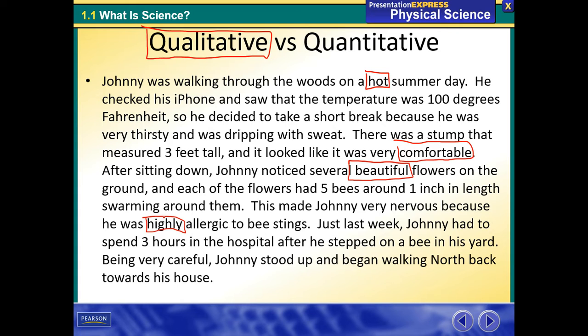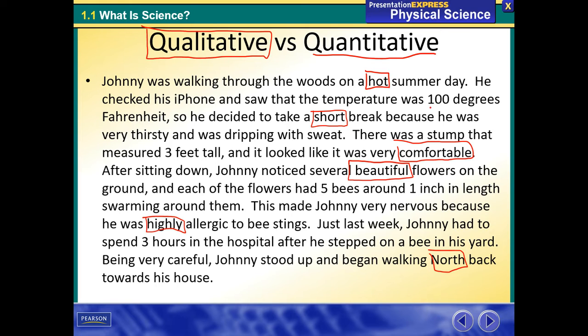So right now I have 4. Let's look for one more. And the one more that really helps is, let's say, walking north. And that kind of gives me a description of a distance. Or I can even say a short break. So I know that my break wasn't 2 hours long, it might have been 5 or 10 minutes. Quantitative data, on the other hand, has to do with numbers.